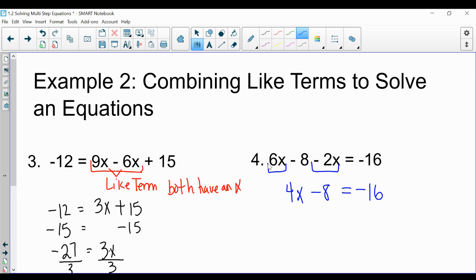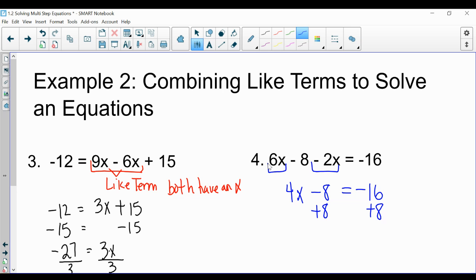So now I'm going to go ahead and get the x by itself. But remember, I'm going to do addition, subtraction first. I look at my problem. I see that I have a negative 8 there. So opposite of a subtraction problem is an addition problem. So addition property of equality says that I add the 8.